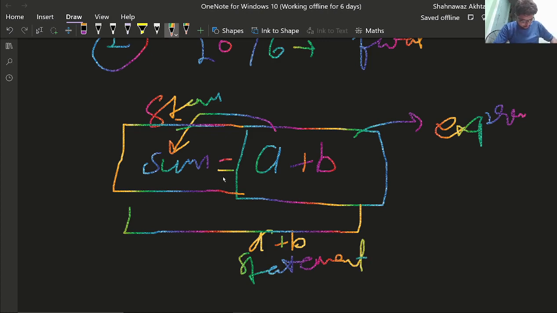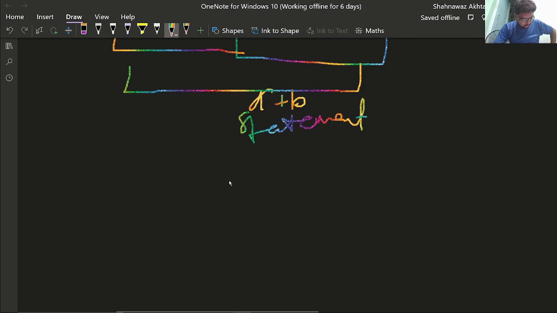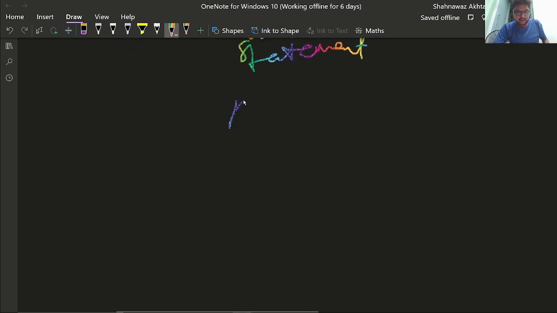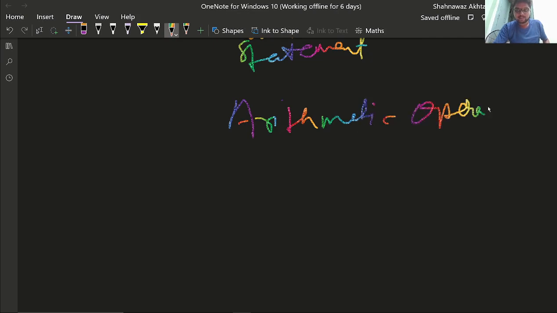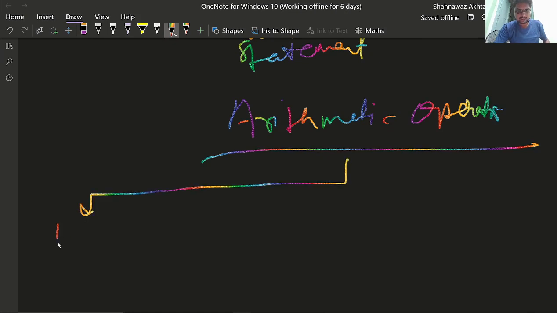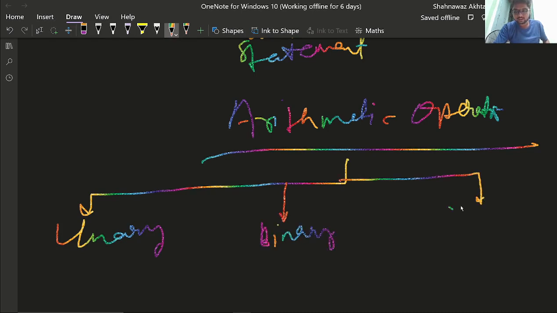Now, when we classify arithmetic operators, we can again classify them into three parts: unary, binary, and ternary.